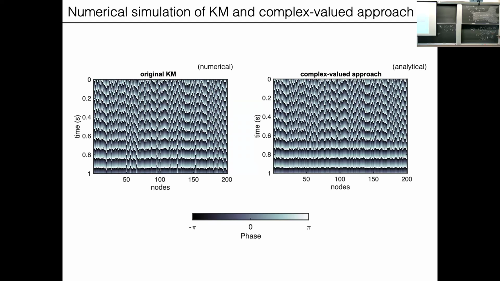Because of that, we can analyze the dynamics of the Kuramoto system in terms of the arguments of the eigenvectors of A. So we can think about this quantity, the argument of the kth element of the jth eigenvector of A. I'll go into detail on that in the next few slides.